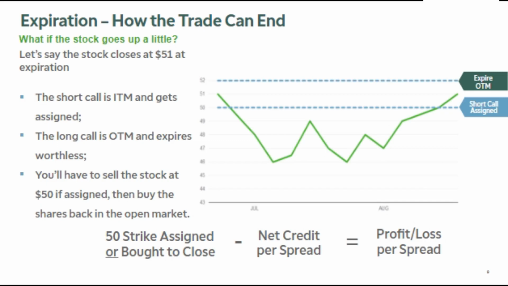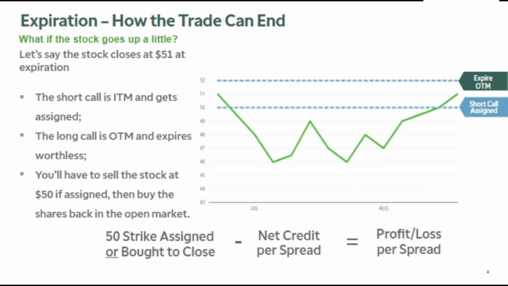Well, in our example here, the short call is in the money. It's going to get assigned. We're going to sell 100 shares at $50 per share. The long call, the 52, is worthless. It expires worthless and is removed from our account.